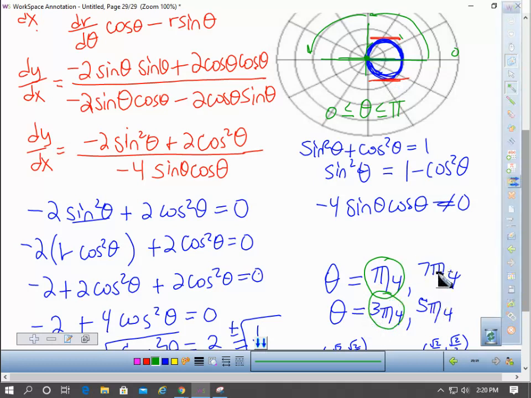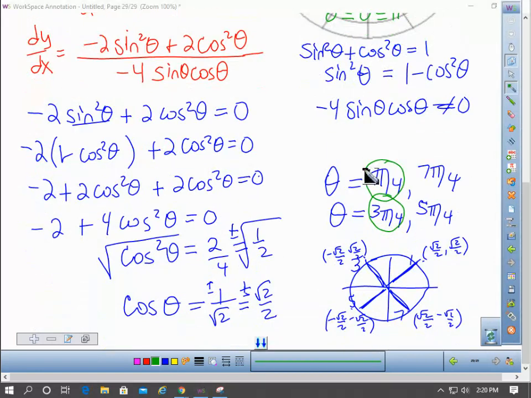Because if you do 5 pi over 4 and 7 pi over 4, that's going around the circle a second time. So the 5 pi over 4 is going to hit this horizontal tangent line again, and then the 7 pi over 4 is going to hit this horizontal one on the bottom the second time around. All right, so there are only two answers, and so it's the pi over 4 and the 3 pi over 4.